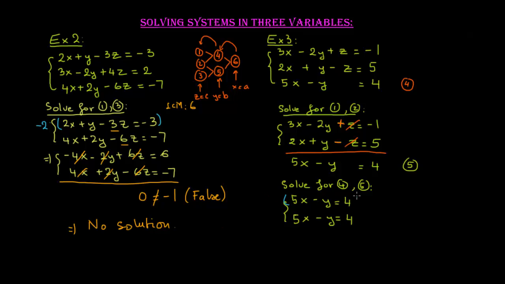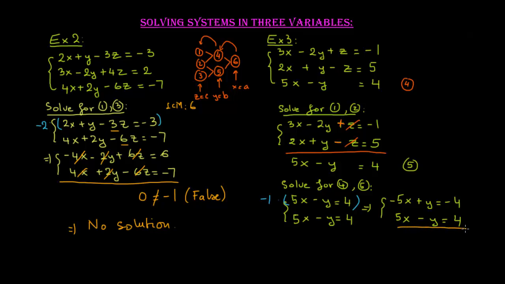So I'm going to multiply the first equation by negative 1. Then we will have negative 5x plus y equal to negative 4, and bring over the second equation, 5x minus y equal to 4.